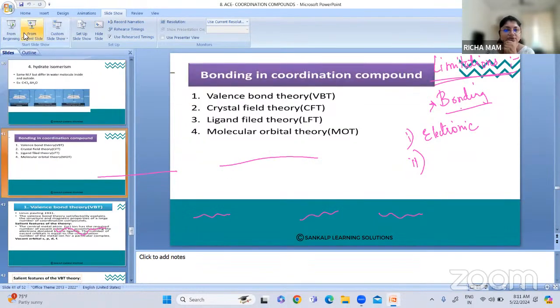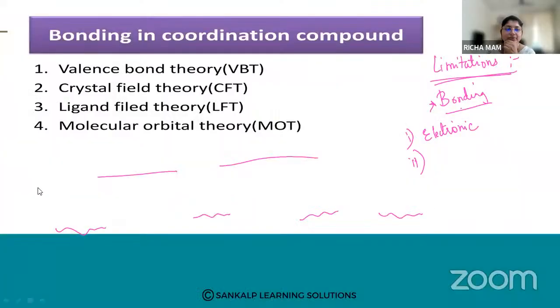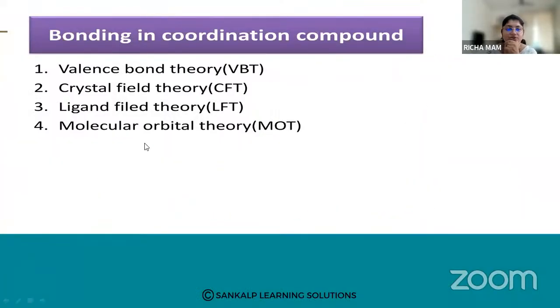So the next theory was what? The next theory was the VBT theory, that is, the valence bond theory. So what does this theory tell you?